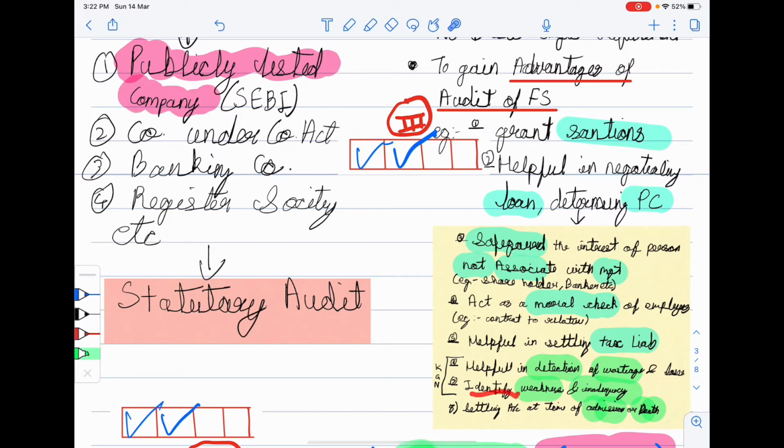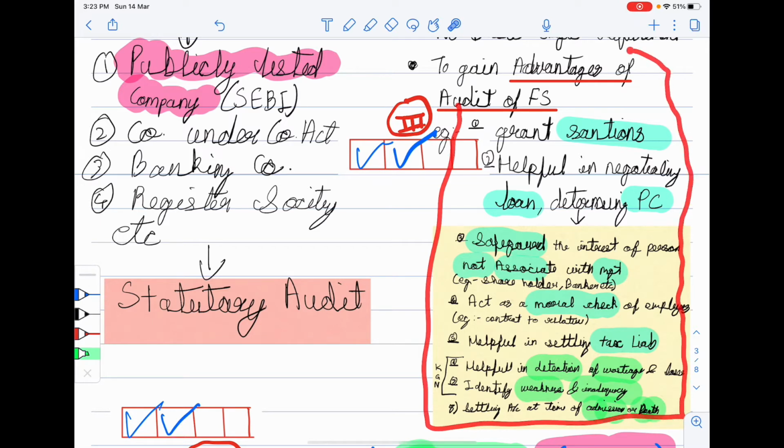We will identify weakness and inadequacy, and this is how a business flows from time to time. But in the end, a partner can die. So at the time of death or admission of a partner, we will settle accounts. Okay, so with this story, we can easily learn these 8 points, that is, the advantages of audit of financial statement.